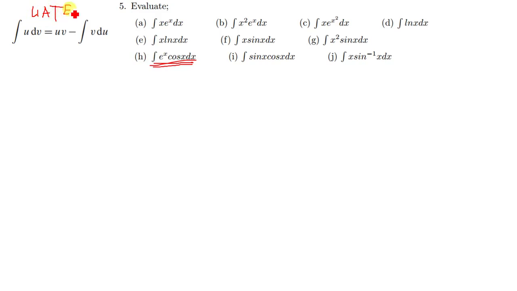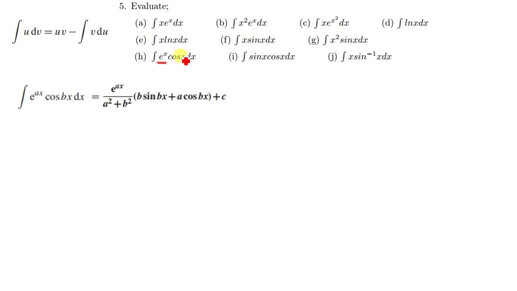Your u there is going to be equal to e to the power x, and then your dv is going to be that part. So once you do that, you can use this formula there, or if you want, you can just use this formula here, which is straightforward.